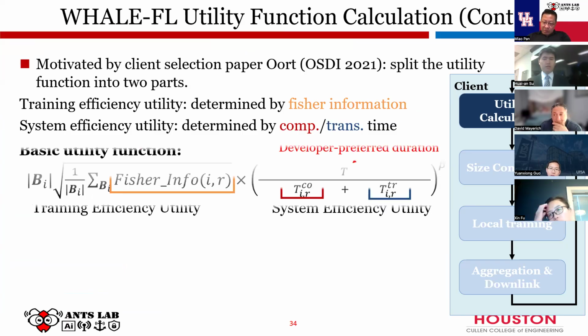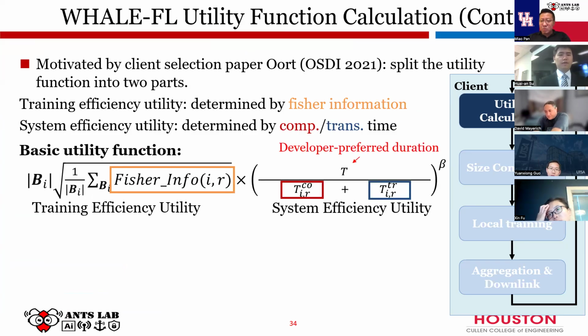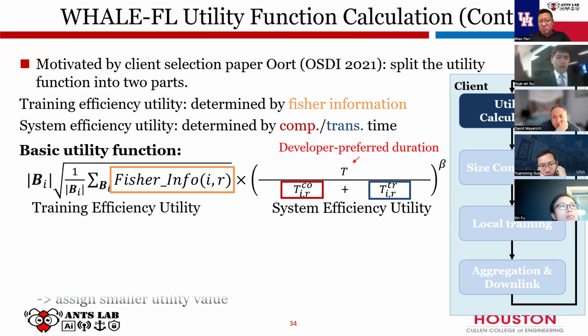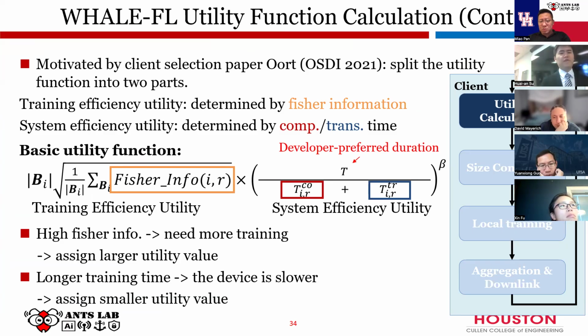So let's take a better look at this entire graph. Here we have the big T, which is the developer-preferred duration, which may vary across different training tasks. If we have a higher Fisher information, namely this value is higher, that means we need more training at that time, so we will assign a larger utility value.